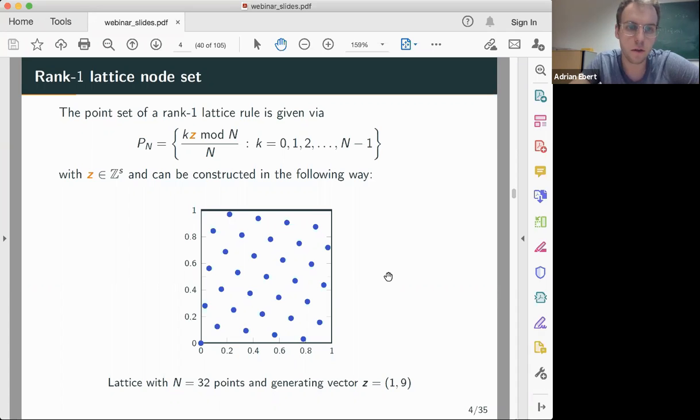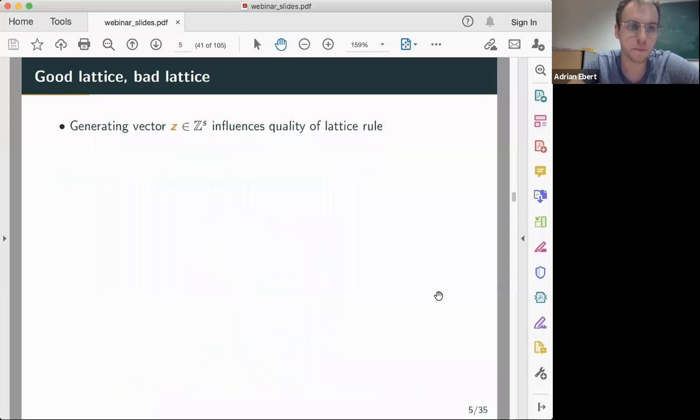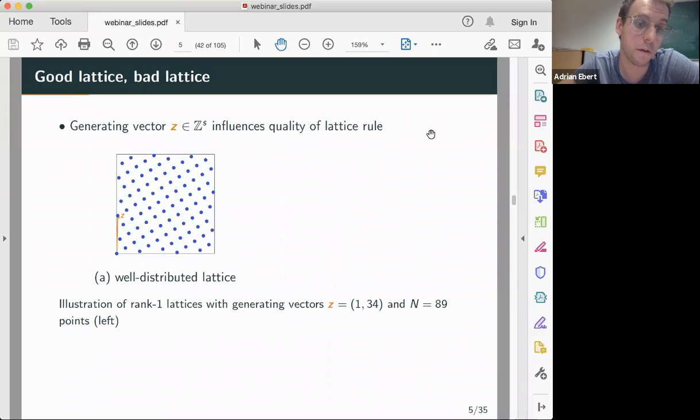It is not so clear, though, that we will always get such a nice distribution. In general, the generating vector z of a lattice rule influences the quality of the points, and in particular of the approximation for the integration problem, quite a bit. So we can be lucky, we can have a well-distributed lattice. In this example here, we have 89 points and a generating vector (1, 34), and then we get such a nicely distributed lattice.